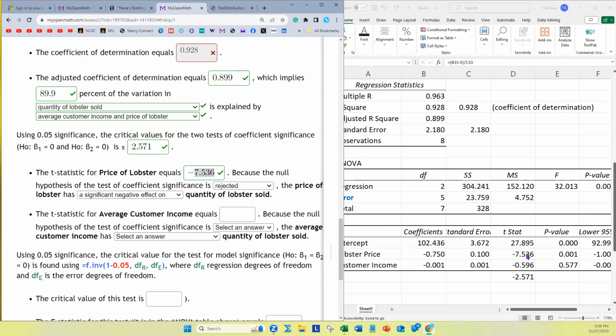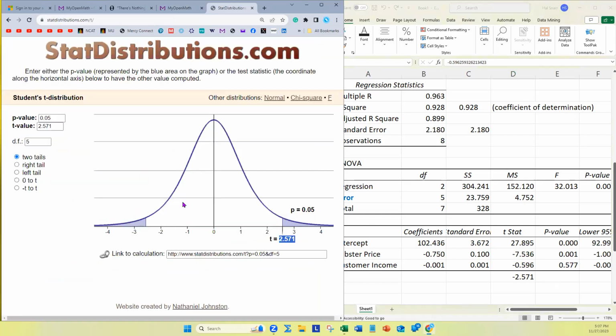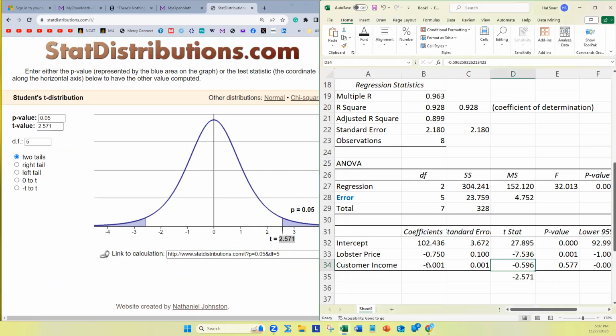What about average customer income? Average customer income, its test statistic is small, isn't it? It's small. The test statistic is small. It's under the white area, right? So what we're saying there is this coefficient, look at its number, right? It's negative 0.001. It's close to 0, isn't it?